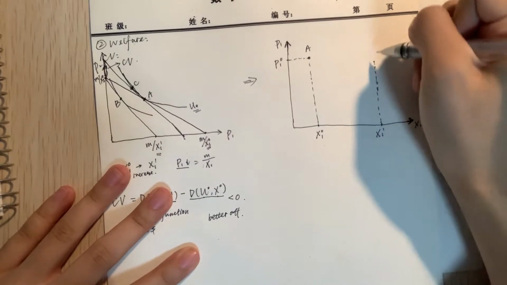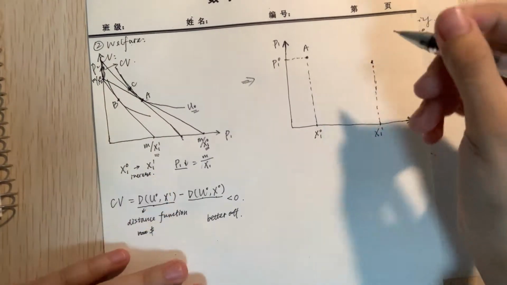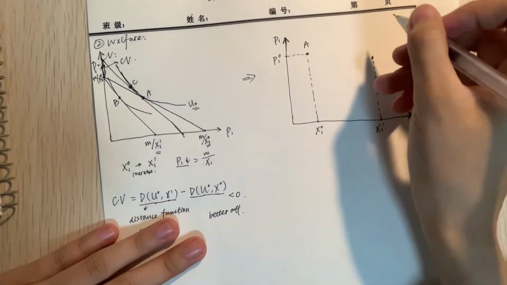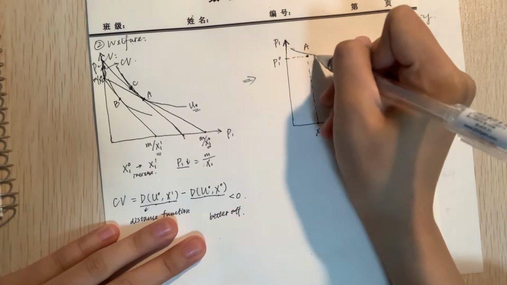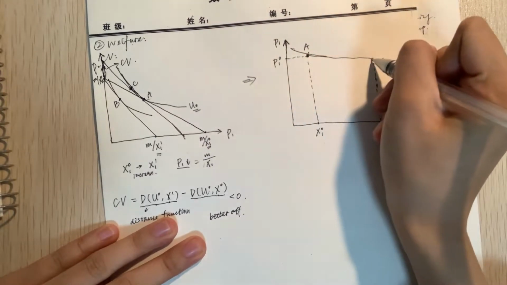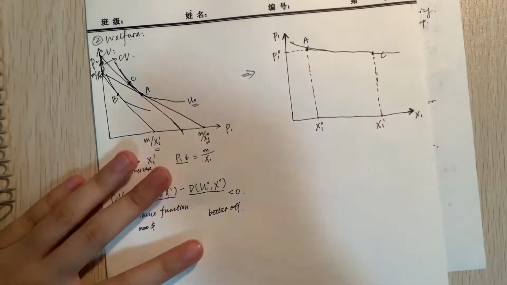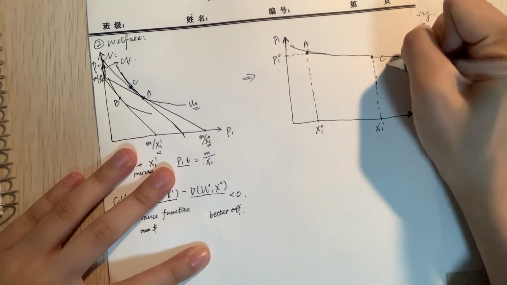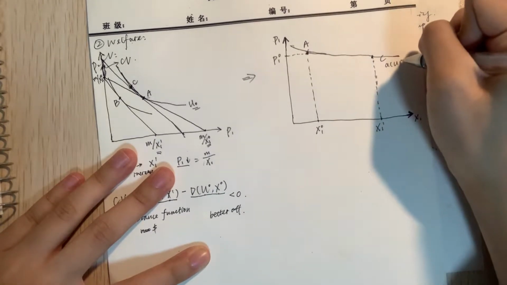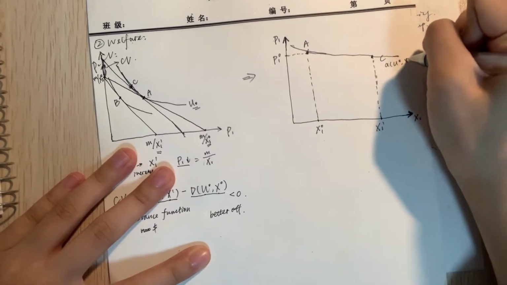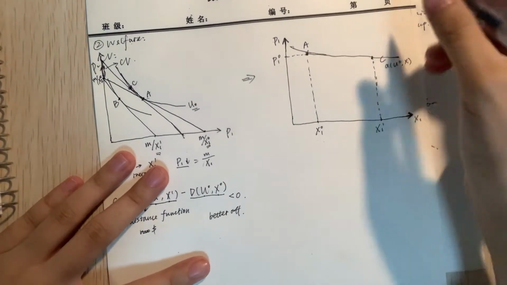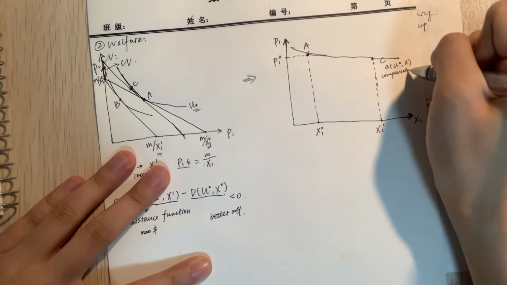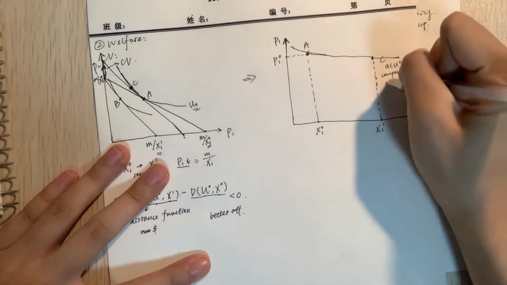Okay. Looks good to me. What we do know though is that the price decreased, so it's a downward sloping curve. Mark it here. So this is what Kim calls the compensated inverse demand.